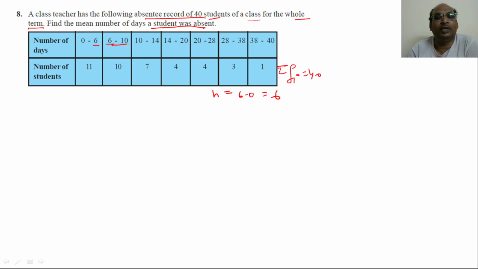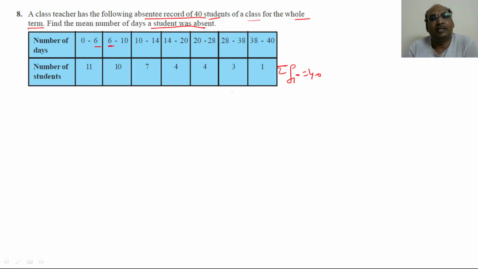Here 6 to 10 is 4, here 10 to 14. So class sizes are different here. It is not 6. Some places it is 6, though these are given as same, but class sizes are different.